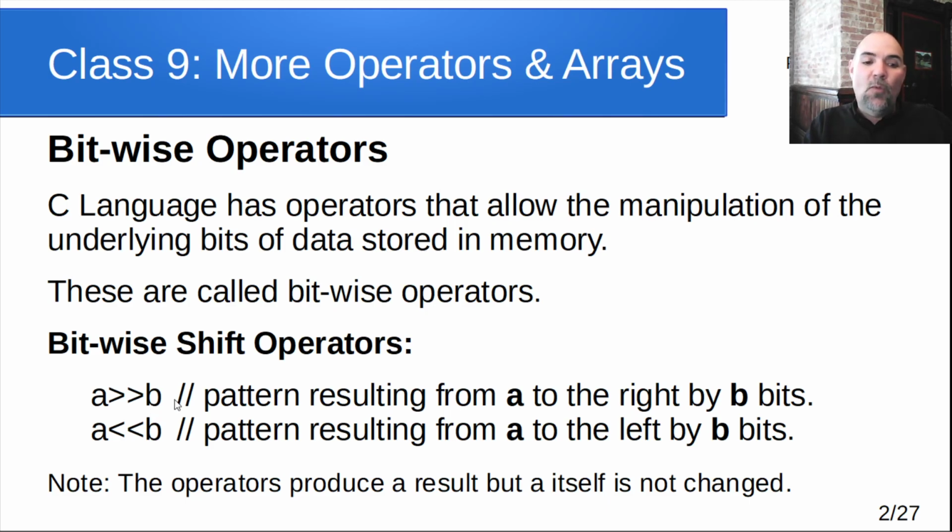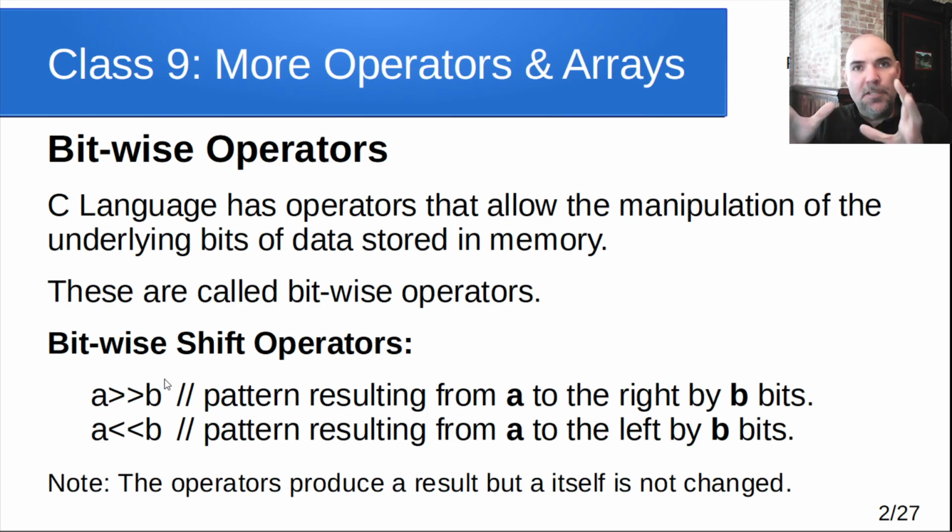Now, one thing to note, that A is not changed. If this is a variable containing a bit pattern, that variable is not affected by the shift operator. But the result of this is as if this were shifted by that many bits. So think of this kind of like a plus sign. If you just said variable x plus 1, that would load the value from x.